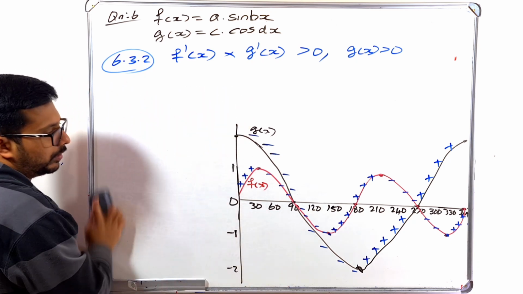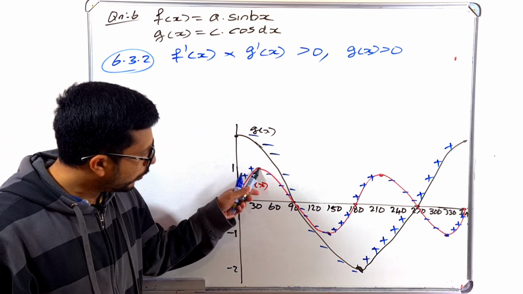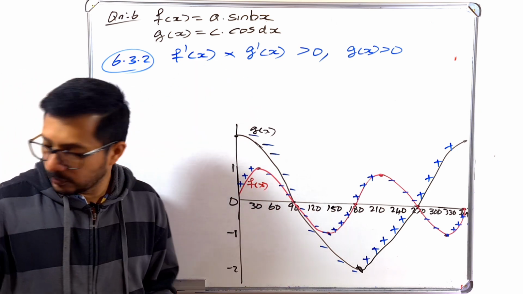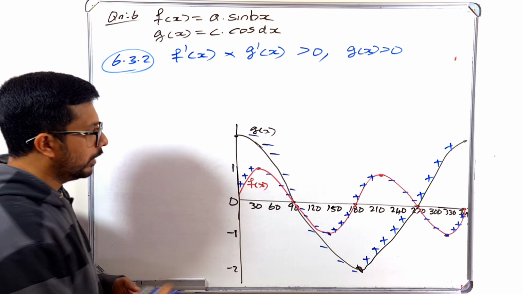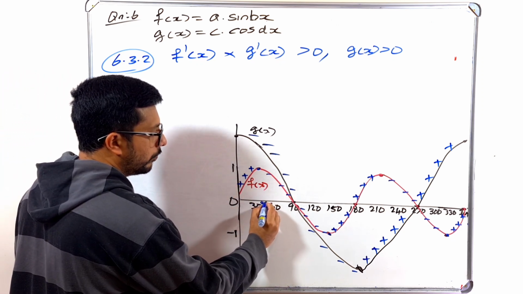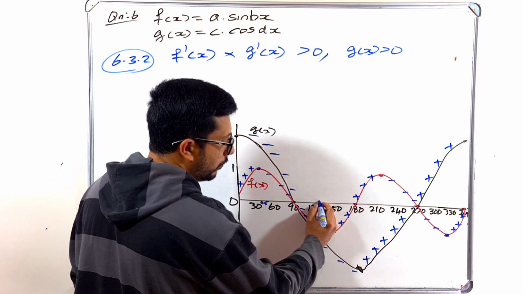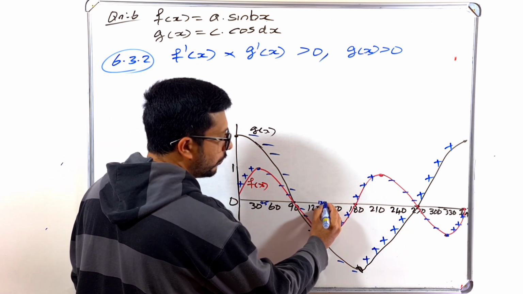Now, before I explain this one, what is this point? This point is the middle of 30 and 60, so it is 45. This point is the middle of 120 and 150, that is 135.